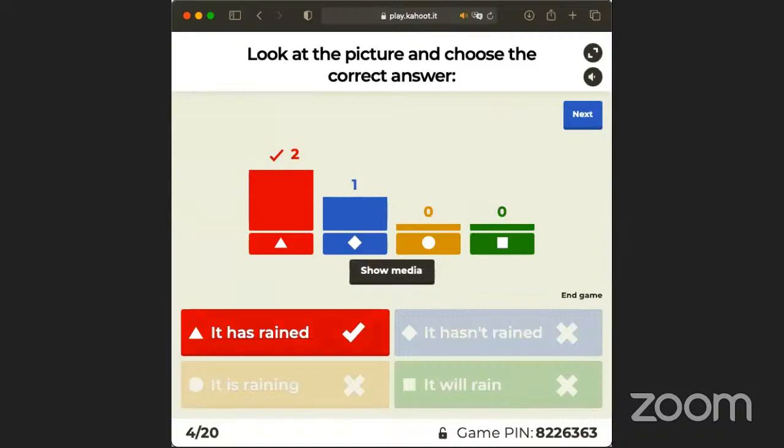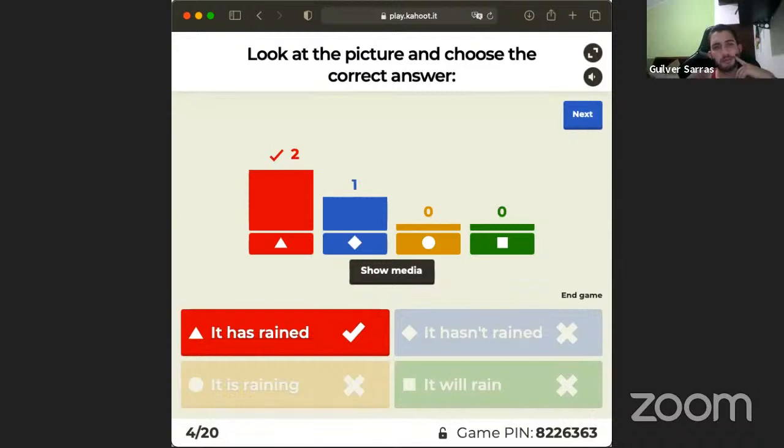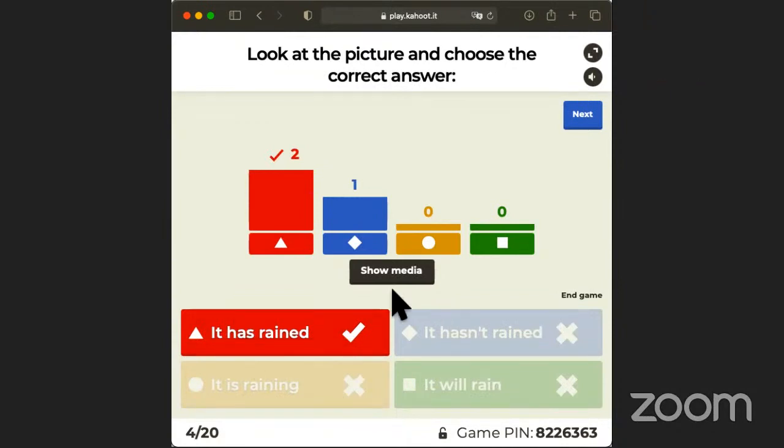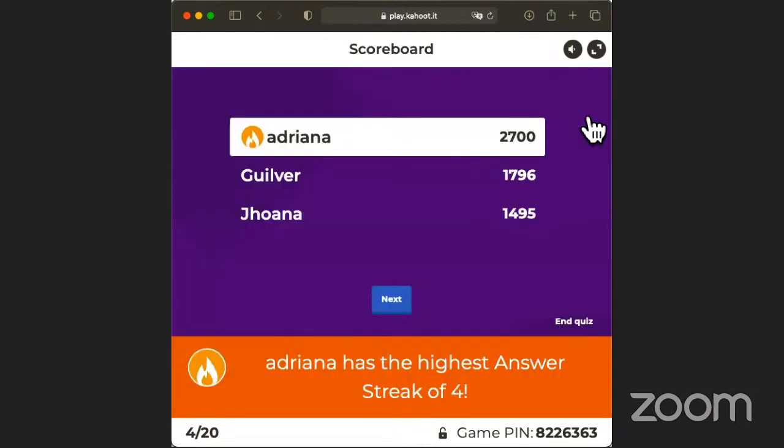Sorry, Gilbert, can you read the correct answer, please? It has rained. Exactly. Excellent. Thank you very much. It has rained. And why? Because we've seen water on the floor, right? It was all wet. That's why we can say it has rained. No, past tense. Even when it's present perfect, past. It has rained.